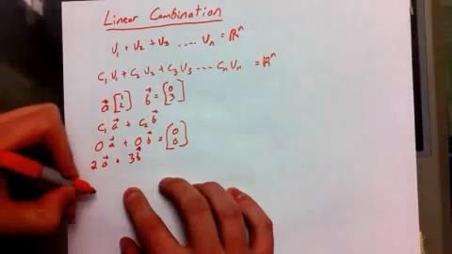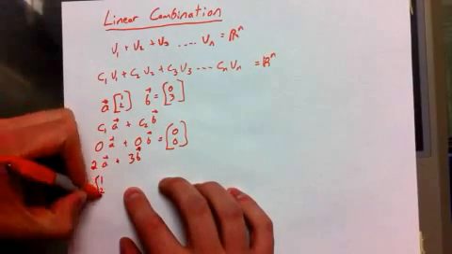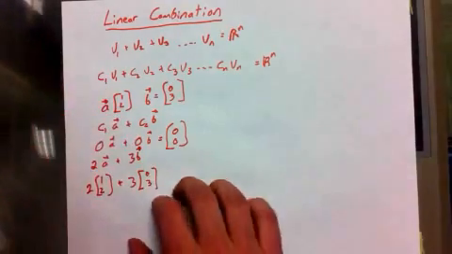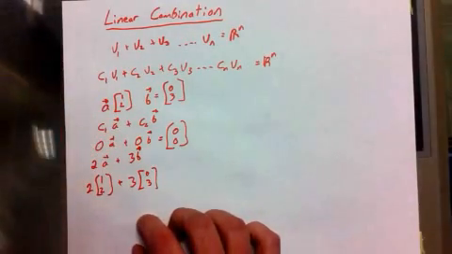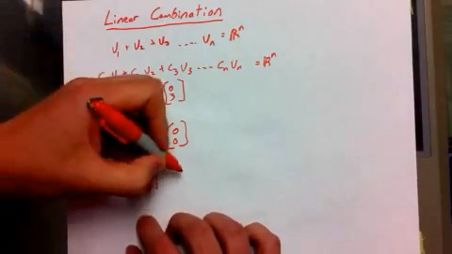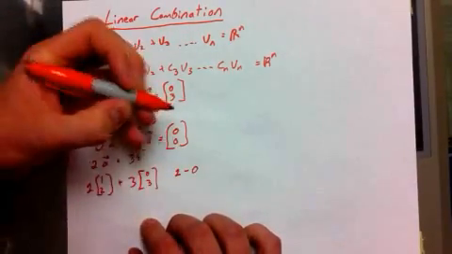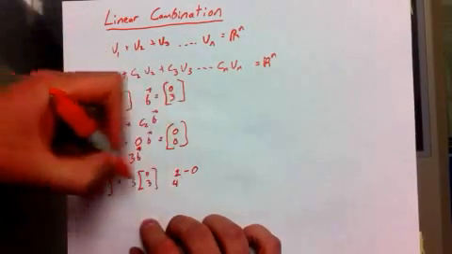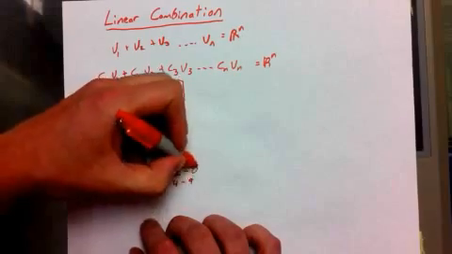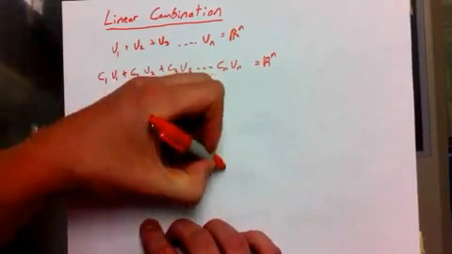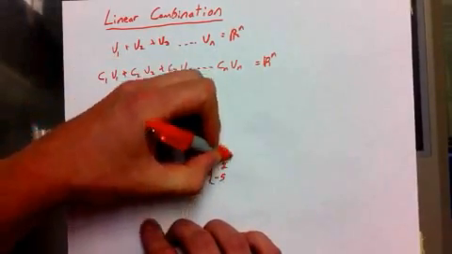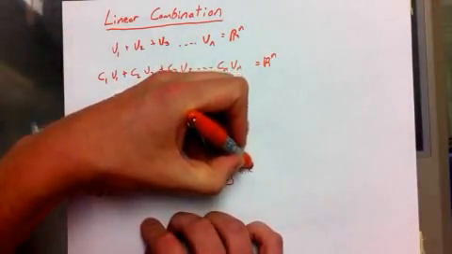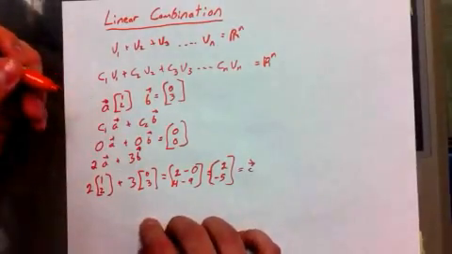So that's going to give us 2 times our vector A plus 3 times our vector B. If we solve that out, we have 2 plus 0 and 4 plus 9, which is going to equal (2, 13)... so C is a linear combination of A and B. We can call that vector C.